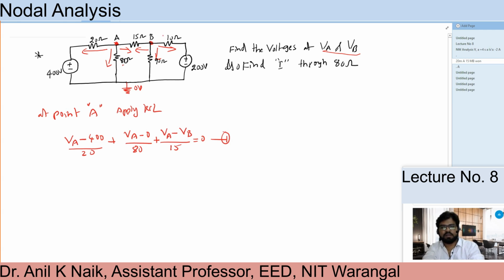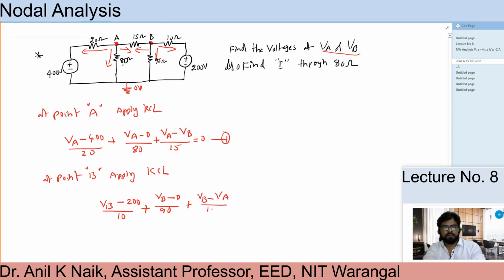Now come to the second point, at point B, again apply the KCL here. You can take VB minus 200 by 10 plus VB minus 0 by 90 plus VB minus VA by 15 equal to 0.